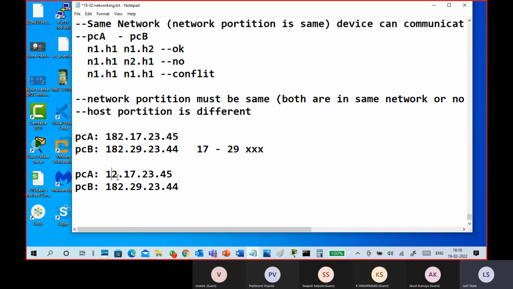Same thing: can you tell whether this PCA and PCB can communicate with each other?